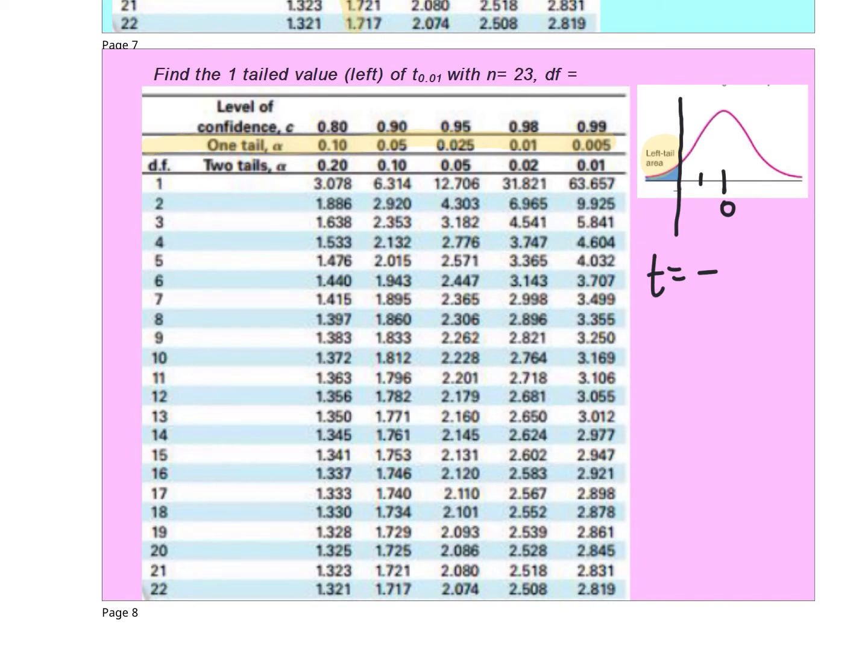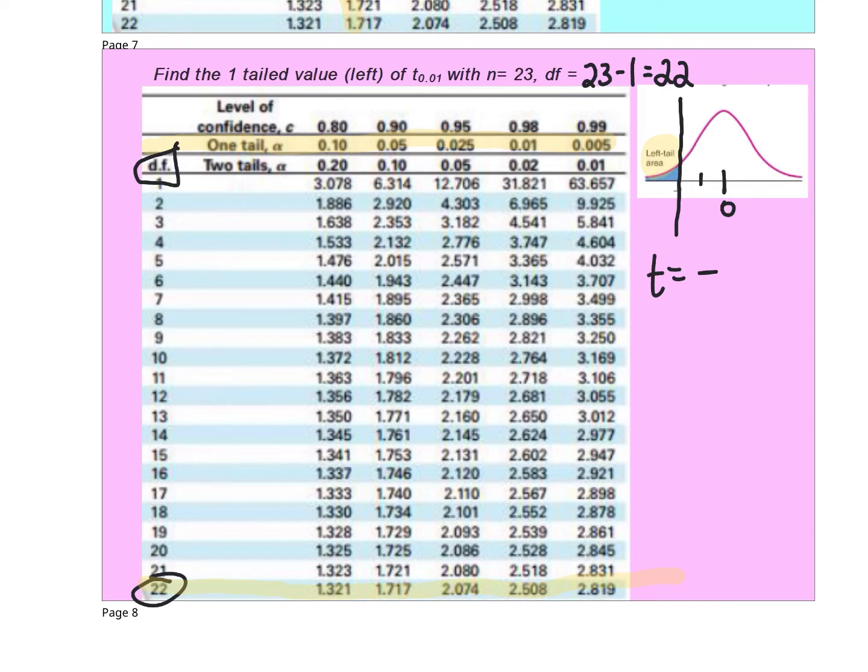So following our process, if n is 23, then the degree of freedom is always n minus 1, so 23 minus 1 gives us a degree of freedom of 22. So look in the degree of freedom column and look at 22. That's the line we're going to read.